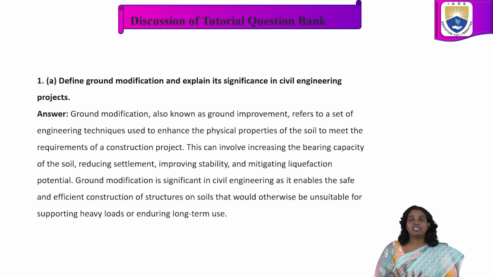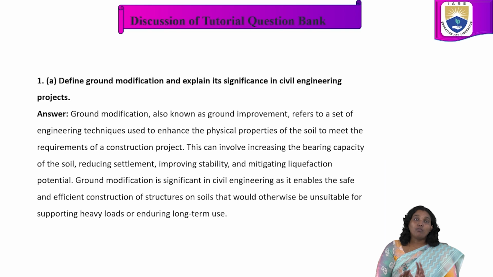For example, for 7 marks, defining ground modification takes 2 to 3 marks, and the remainder is for explaining the importance in civil engineering projects. That is the key for the question.